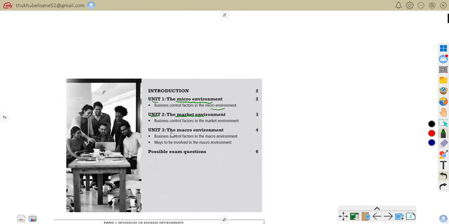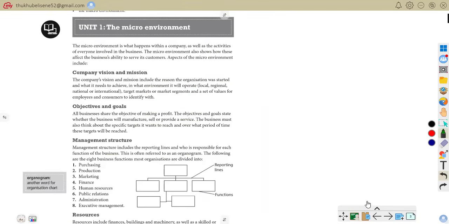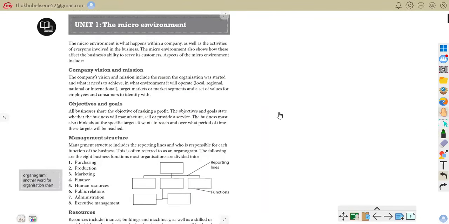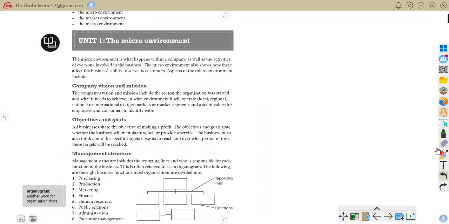Unit 3 is the macro environment, where the business has no control over the macro environment. So let's quickly go to our lesson of today, which starts here, unit 1.